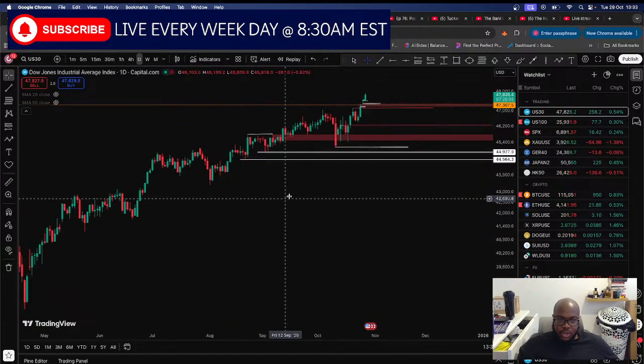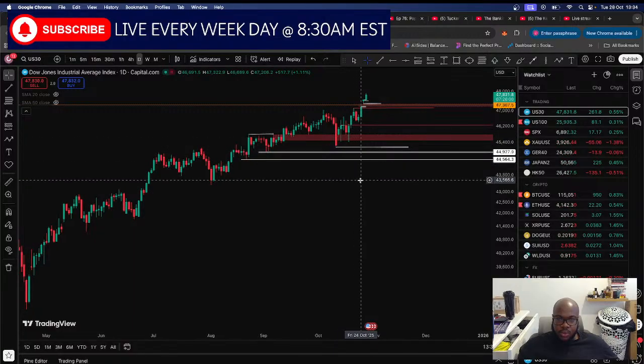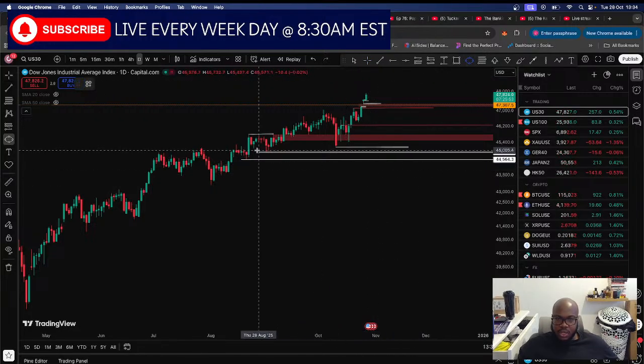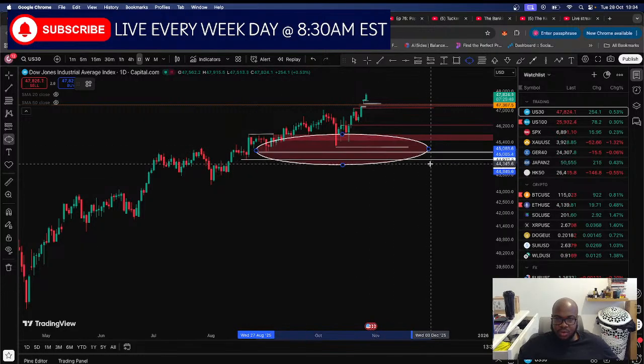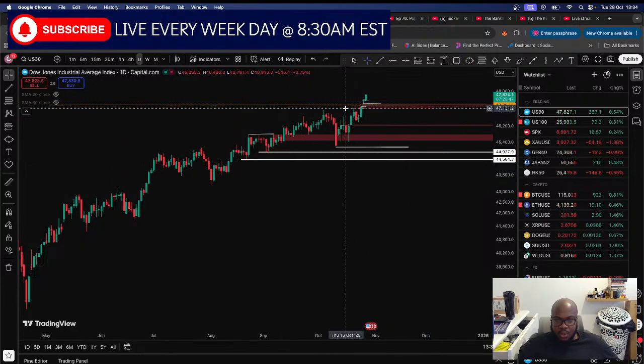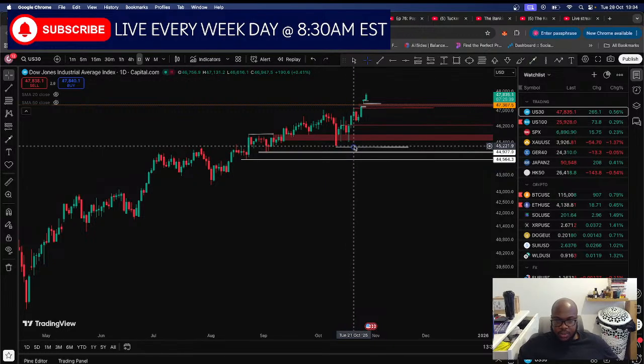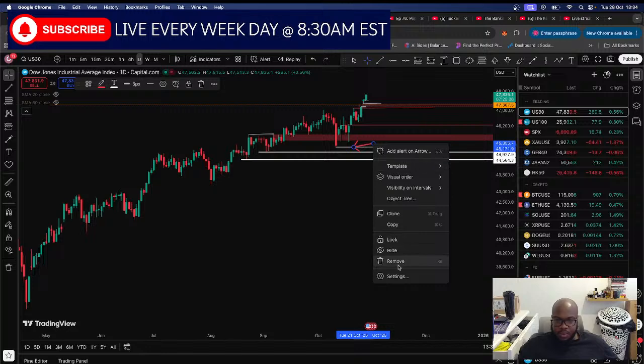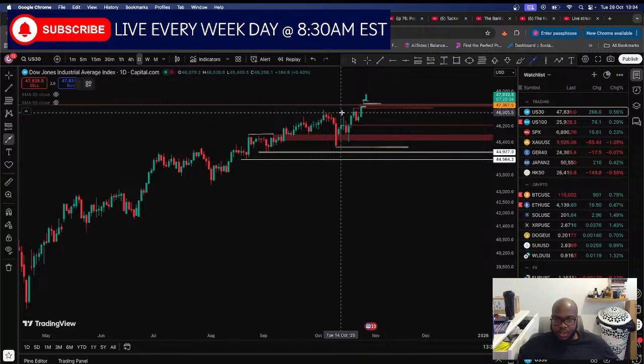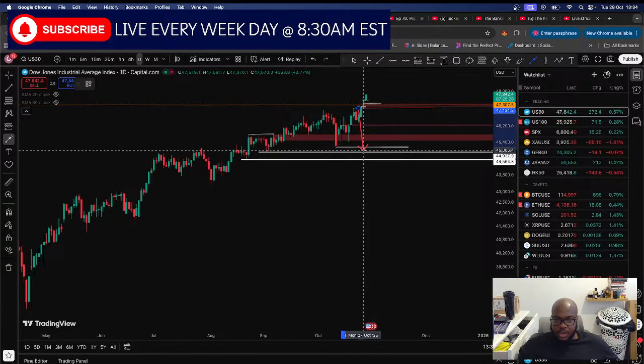So we could be looking at a potential crash, because if we do break below this level here, this liquidity level, if we get a close below this pool of liquidity, all the liquidity that's being pulled around this area, that will signal a double top from where we currently are, and that will indicate further decline, which could be as low as, bear with me one moment, so that's going to be from here, from the neckline down.